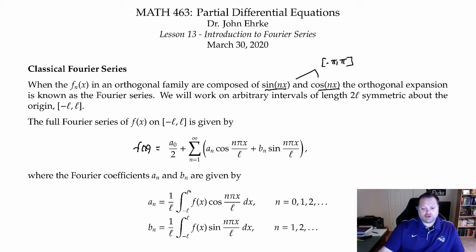The Fourier coefficients, and these should be memorized, are given by this. But we know from some of the things that we've talked about that this is really nothing more than the inner product of f of x with cosine n pi x over L, over the inner product of cosine with itself.